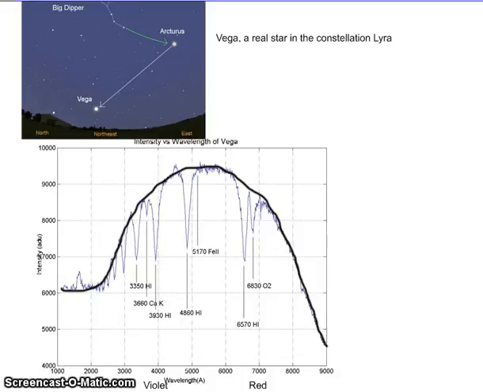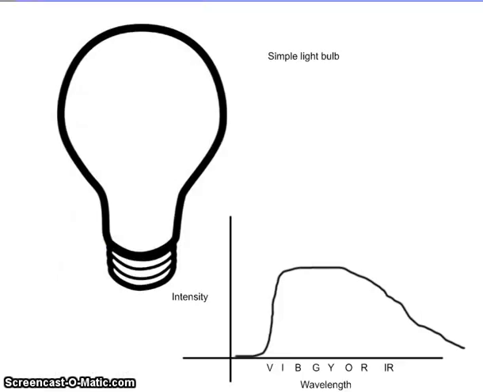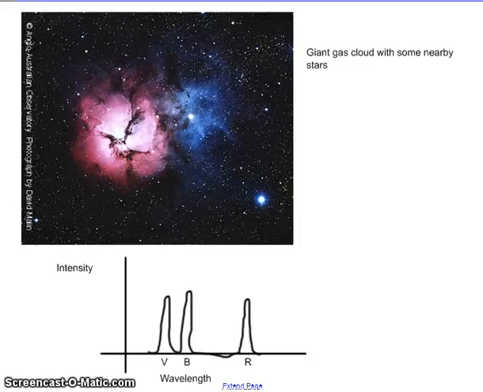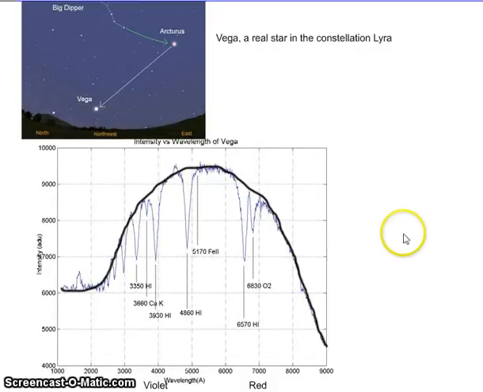We might call this a full spectrum. We might call this a, I don't know, comb spectrum. I'm just making up some words right now. And we might call this, let's call it a real spectrum of a star, where there are these somewhat counterintuitive dips in the profile of the star.